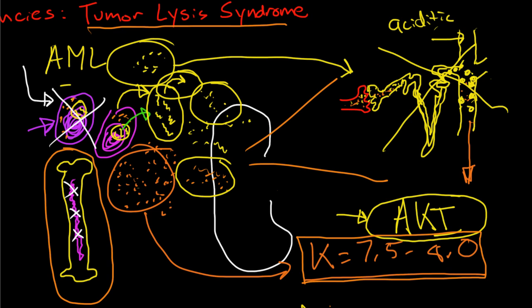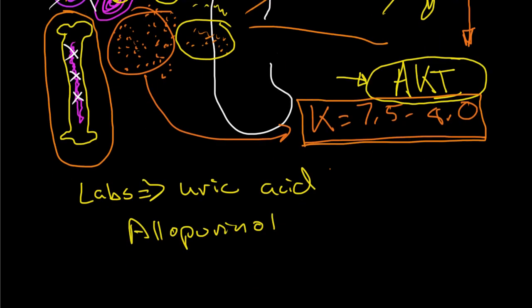So that kind of slows down the process. So you really need to be preventative and be knowledgeable about the possibility of tumor lysis syndrome. Keep an eye out for it by watching uric acid levels and potassium levels, and give medications if needed.